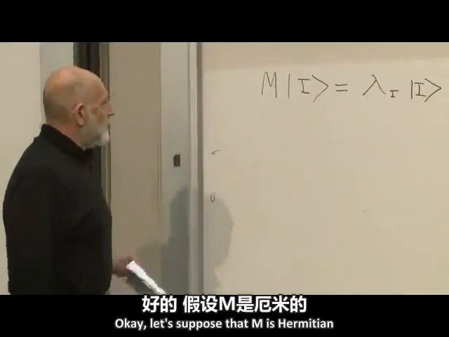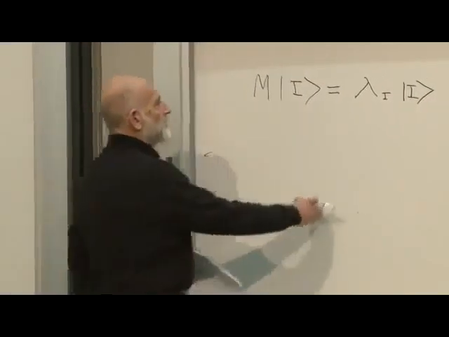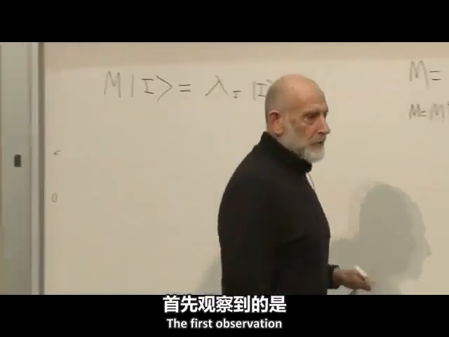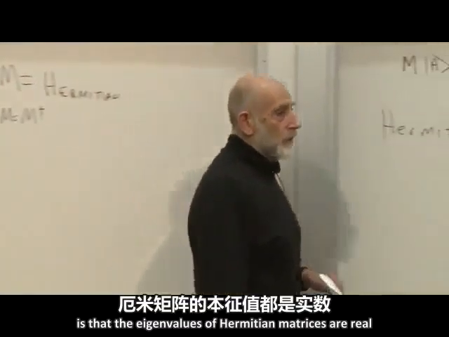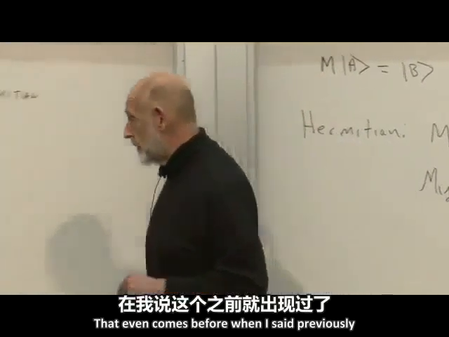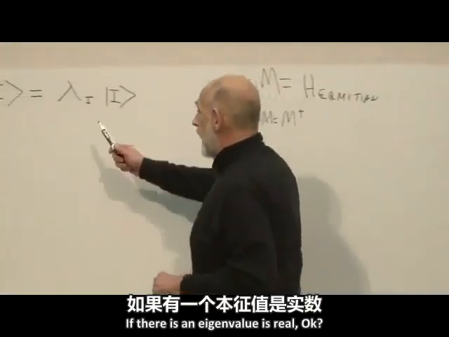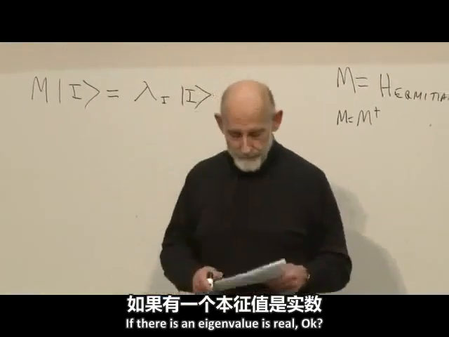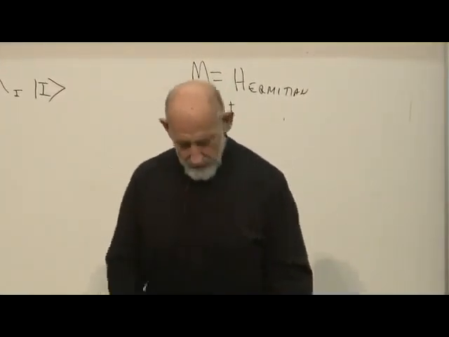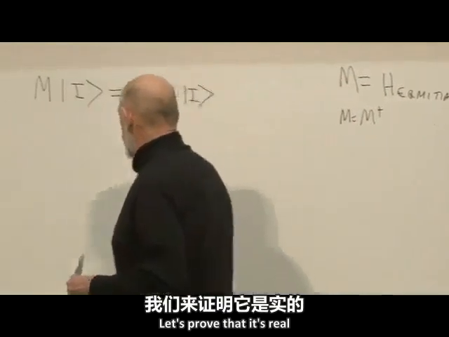Okay, let's suppose that M is Hermitian and it has an eigenvalue lambda i. The first observation is that the eigenvalues of Hermitian matrices are real. That even comes before what I said previously. If there is an eigenvalue, it is real. Okay, how do we prove that it's real?